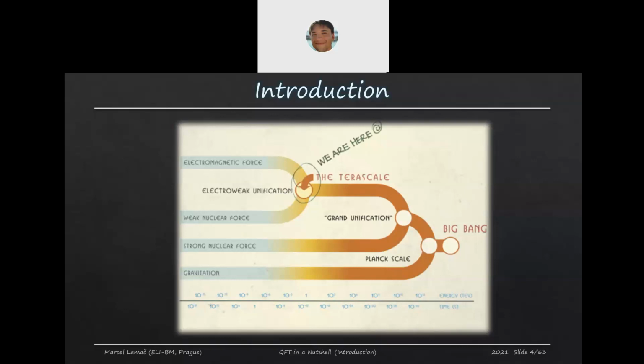And there are some theories that predict that this electroweak force should unite with the strong nuclear force at high energy scales, and that should further unite with gravitation. These theories are also described in the context of quantum field theories, are known as grand unified theories, or also appear in the context of string theory. Basically, that's what I wanted to say.